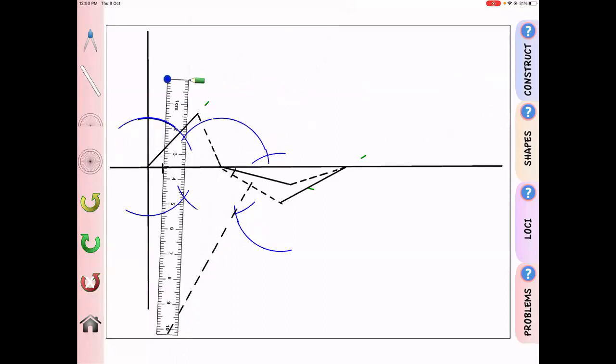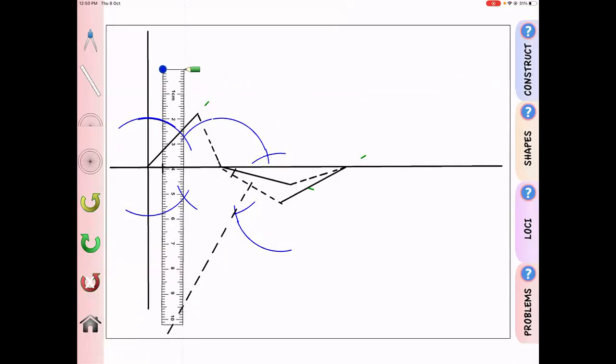Okay, from here. Okay, we have the intersection point of these ones. Okay.